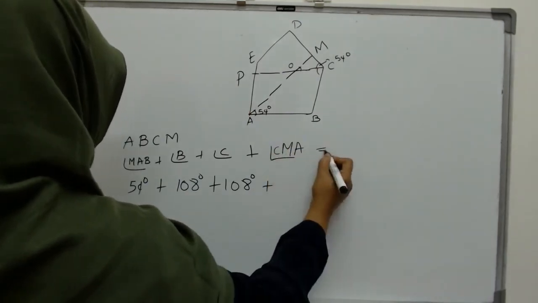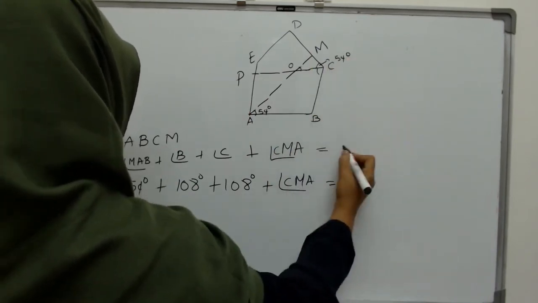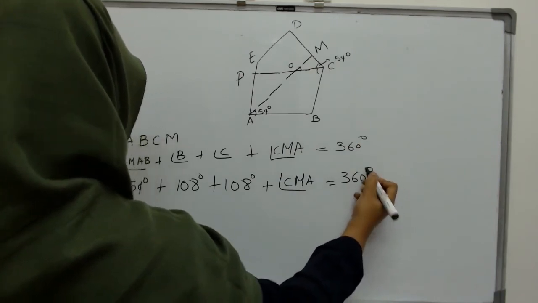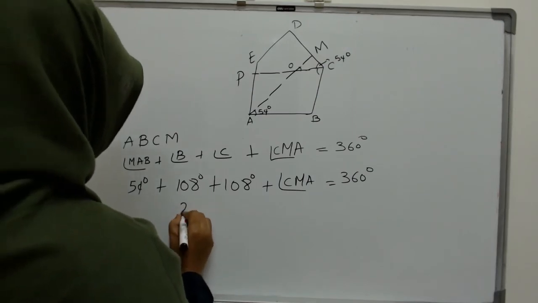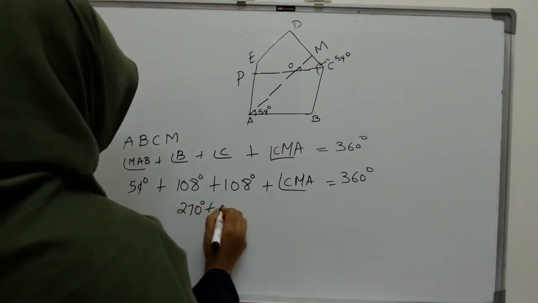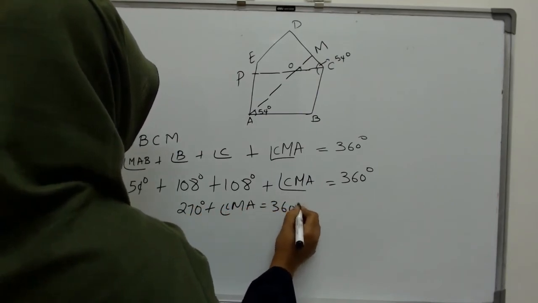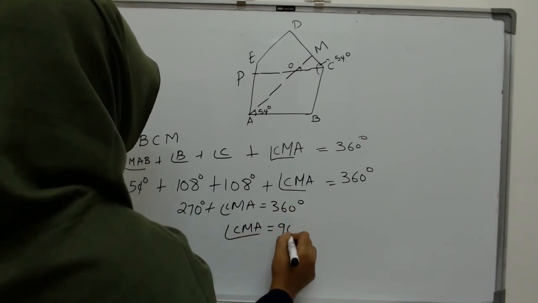That is what we need. All of that added is 360 degrees. This is similar to what we did the last time. So all of this added gives 270 degrees. So that means angle CMA is equal to 90 degrees.